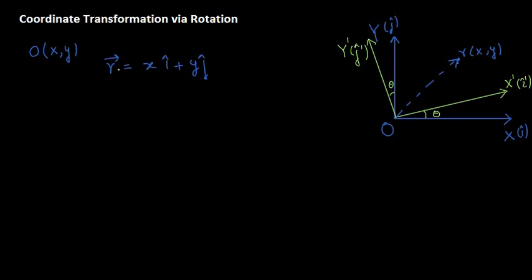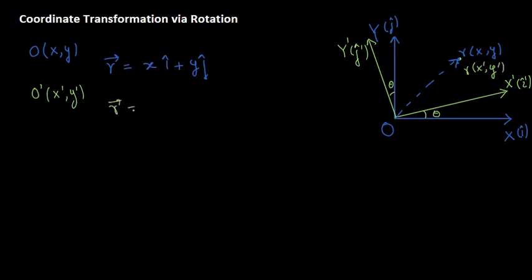So this same vector r in the O prime coordinate system has position x prime comma y prime. In this new coordinate system, the position of this particle P will be x prime comma y prime and the vector remains the same.